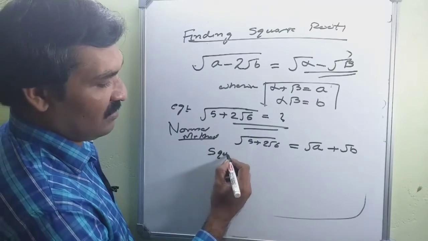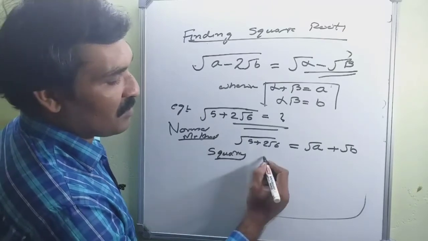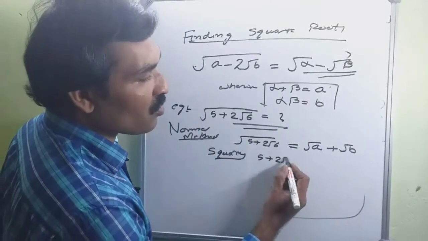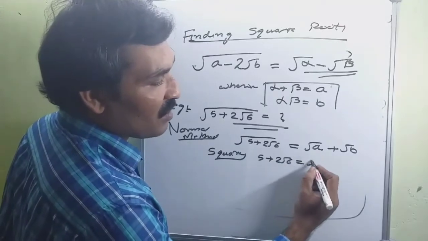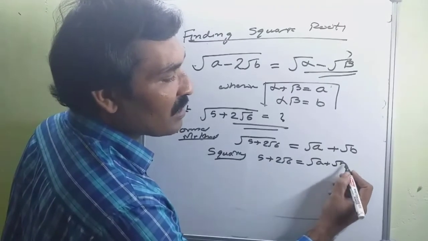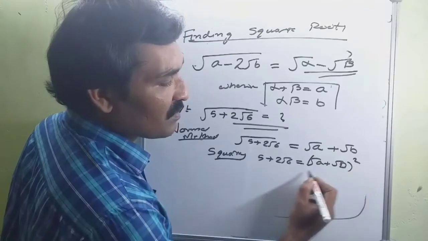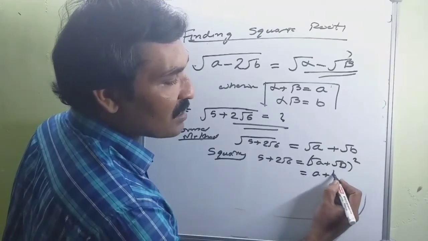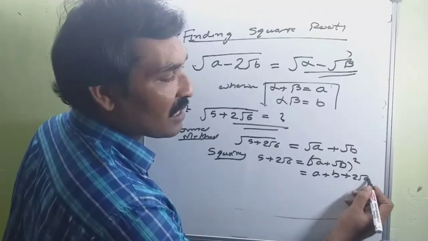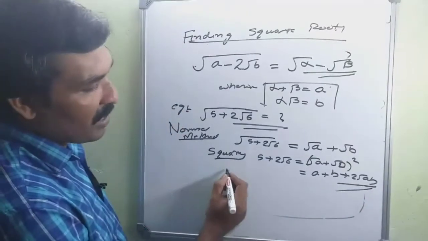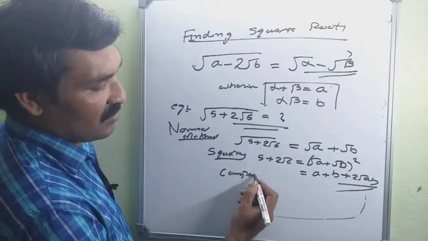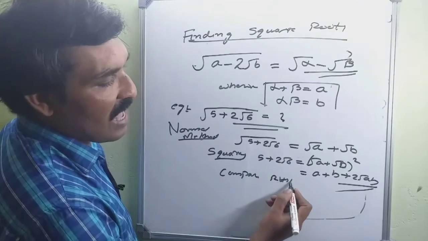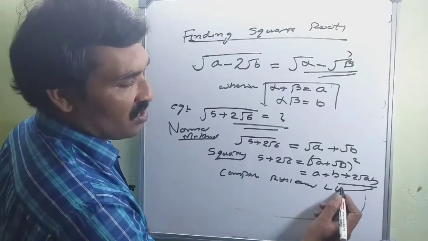Squaring, this becomes 5 plus 2 root 6 is equal to root a plus root b the whole square, that is equal to a plus b plus 2 root ab. Now compare RHS and LHS. What do you get?